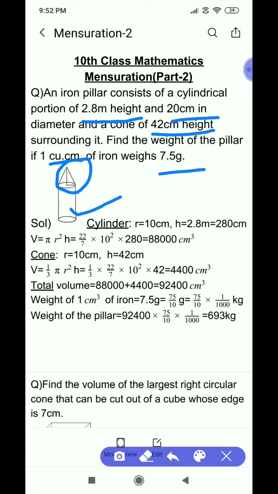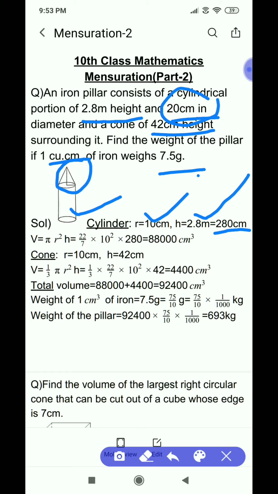Now let us find the volume of the cylinder first. According to the problem, the diameter of the cylinder is 20 centimeters, so the radius is 10 centimeters. The height of the cylinder is 2.8 meters. 1 meter equals 100 centimeters, so 2.8 meters equals 280 centimeters.